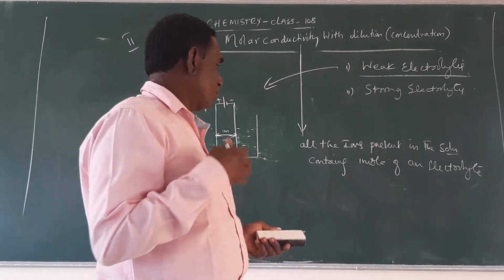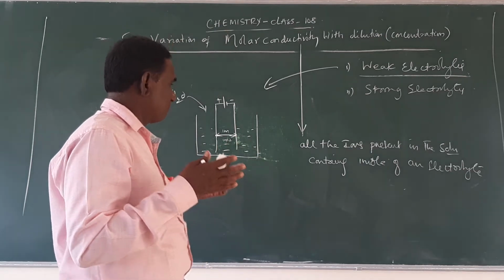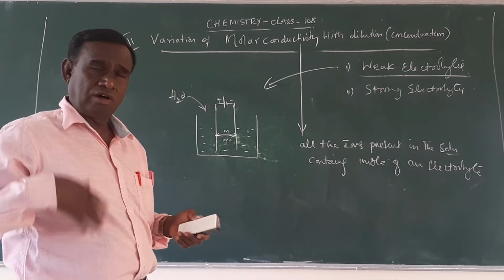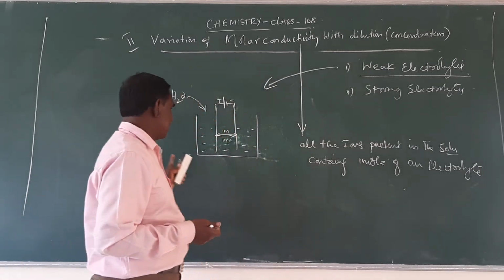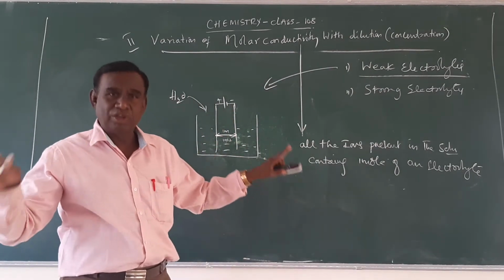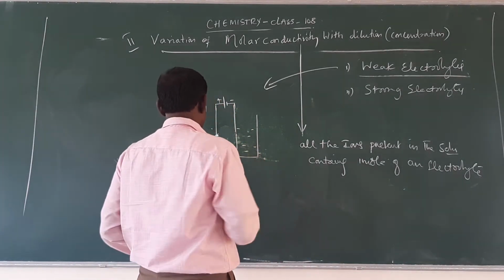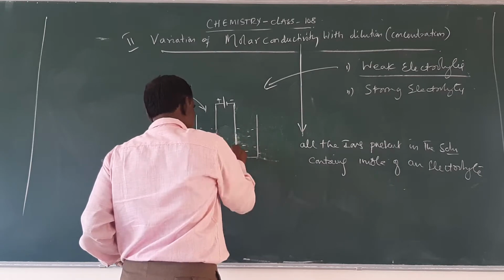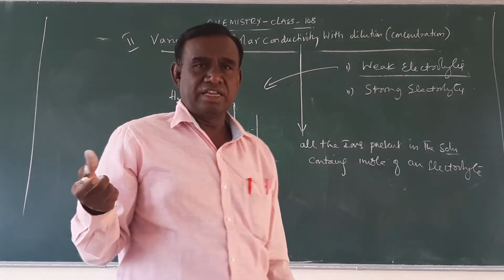That means when 1 mole of an electrolyte dissociates in water, the conductivity produced by all the ions itself is called the molar conductivity. It is the conductivity produced by all the ions present in the solution, not just in between the two electrodes. So it is not necessary to take the distance between two electrodes as 1 meter and the cross-section area as 1 meter square.